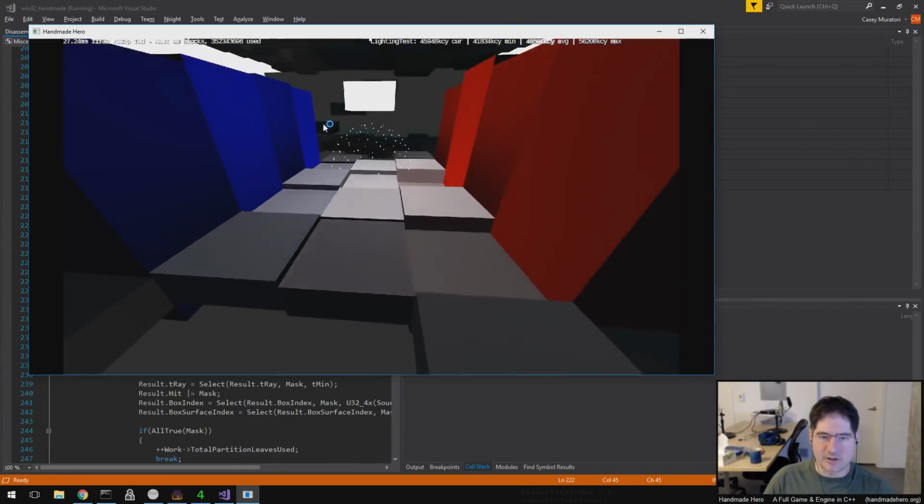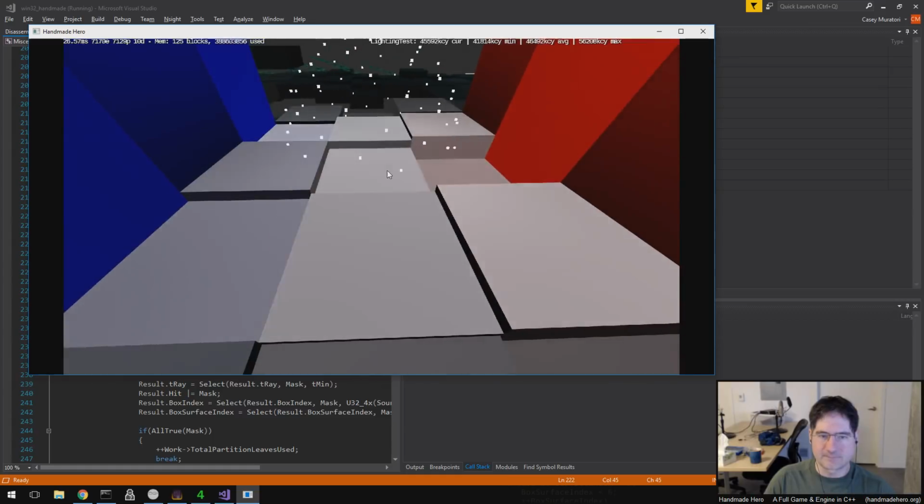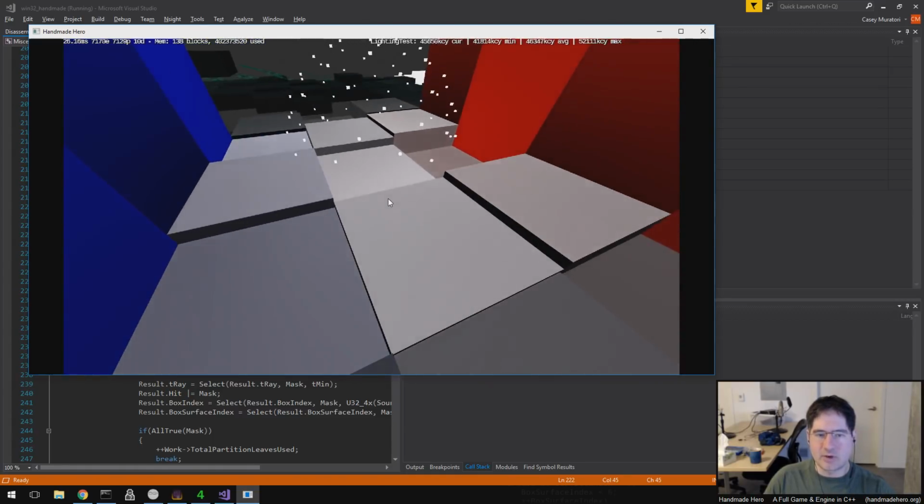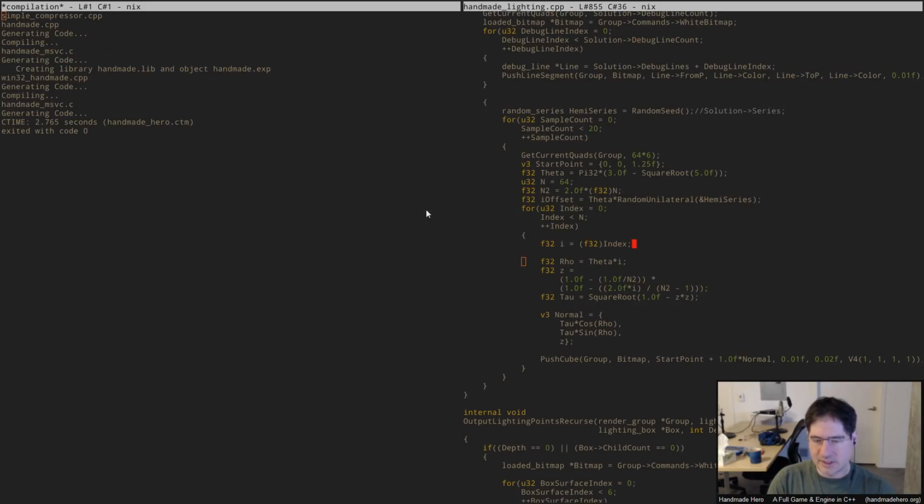So there's our 64 points. And now I want to jitter the I value. So this value here is what I want to jitter. I want to take a random unilateral to push onto that. That'll basically offset us a little bit.